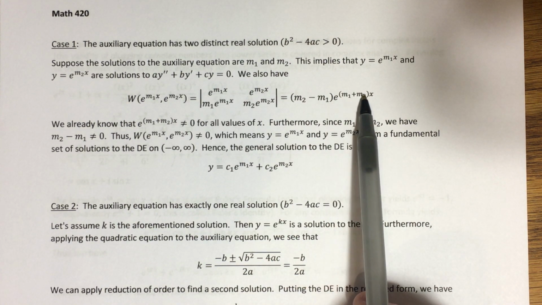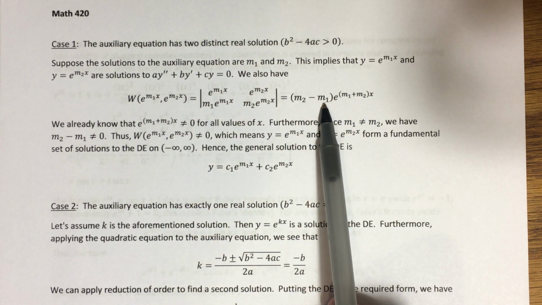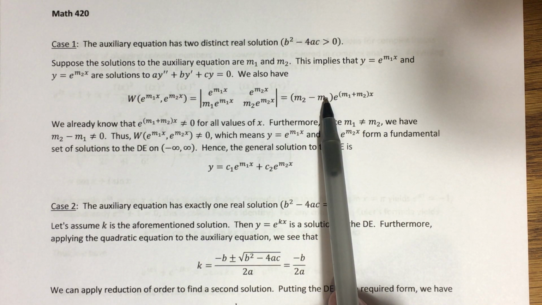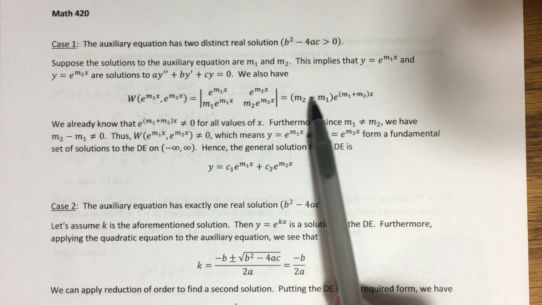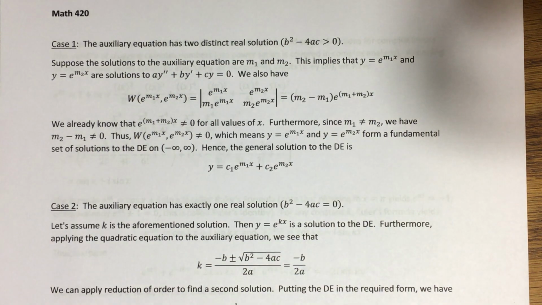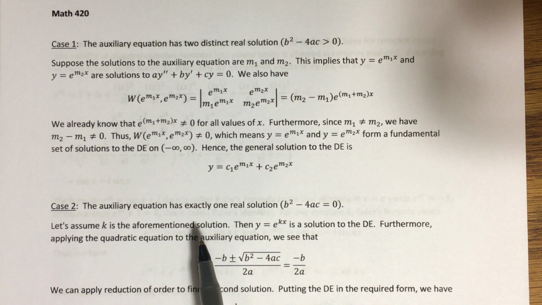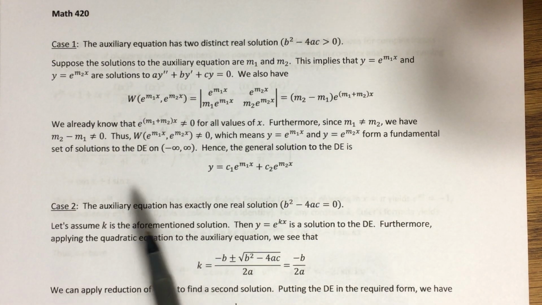Now, e to any power, as we've already said, is never equal to 0, and m2 minus m1 also can't equal 0 because we assumed in the first place that these are distinct real roots. If m2 minus m1 equaled 0, then that implies that m2 equals m1, which we assumed was not the case. So this is non-zero, giving us the linear independence that we need to say what our general solution is.